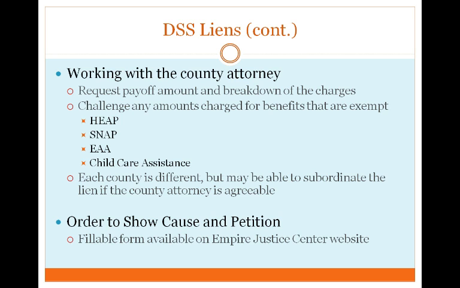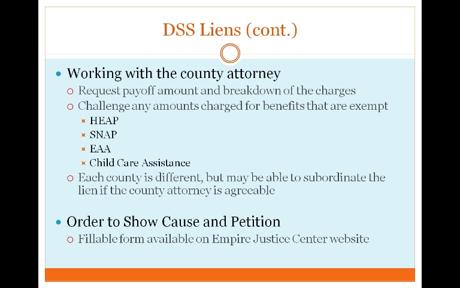This can include HEAP, SNAP, EAA, which is essentially emergency assistance to people over 65 and people that are disabled, and then child care assistance. Again, you'll want to make sure that this hasn't been included in the amount that they're trying to claim under the mortgage.